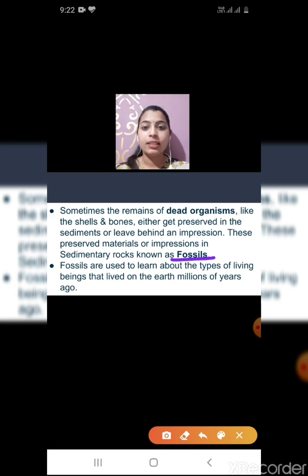Let me explain. Sometimes the remains of dead organisms, like the dead bodies of animals, their shells, their bones, get preserved in the sediment, or they may leave behind an impression. What? Impression.